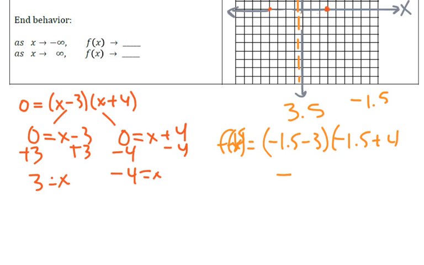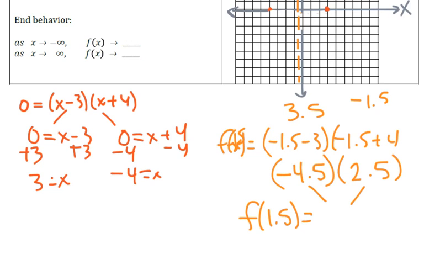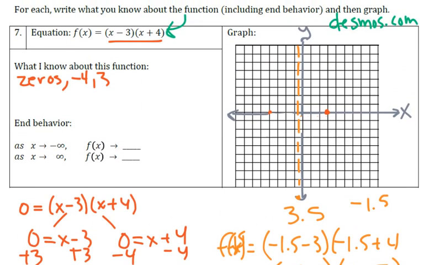That would be negative 4.5 times positive 2.5. Multiply those together, and we would get negative 11.25, somewhere about right there. That is going to be our vertex.